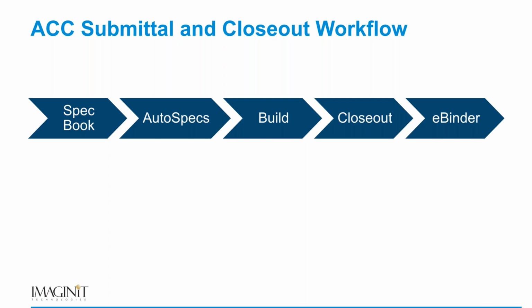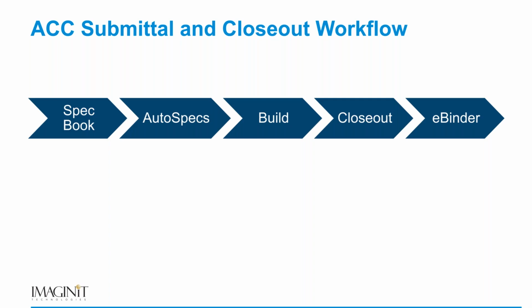Using AutoSpecs, it will break down and format that spec book into a much more manageable format, so that you can assign responsible contractors to submittal items and do the prep work on your submittal log before you push it into your submittal approval processes, which is taken care of in Build.